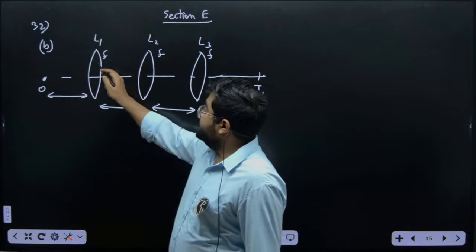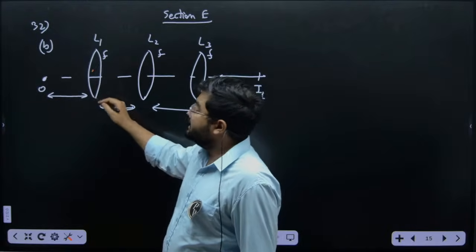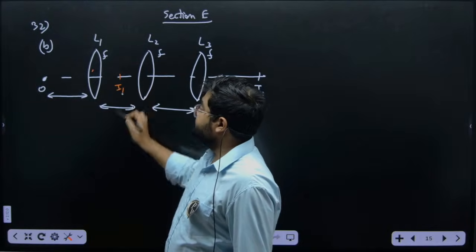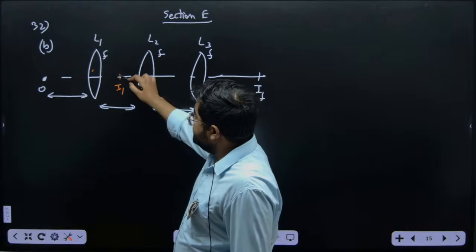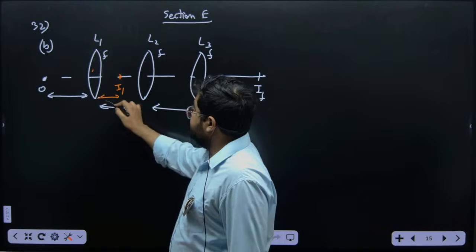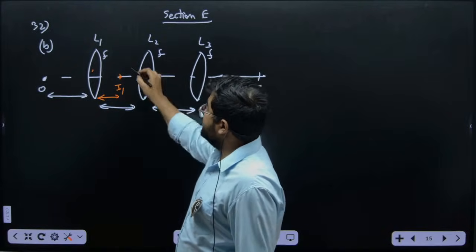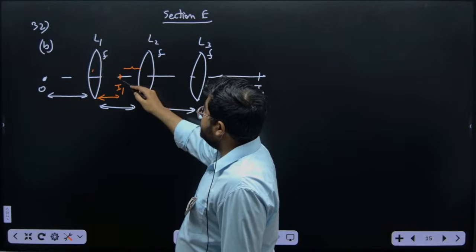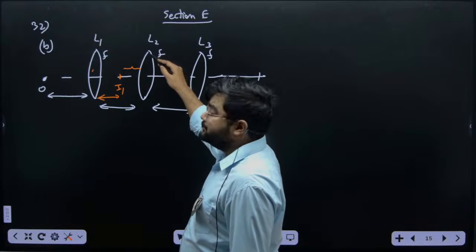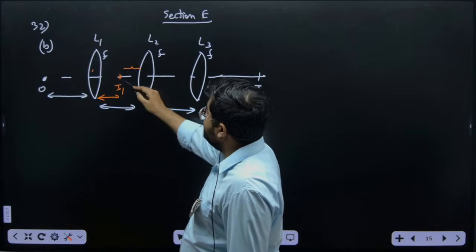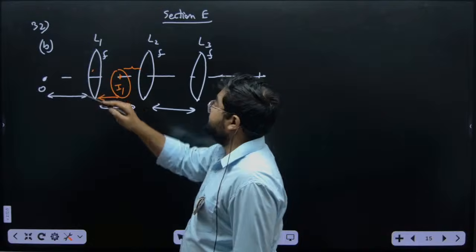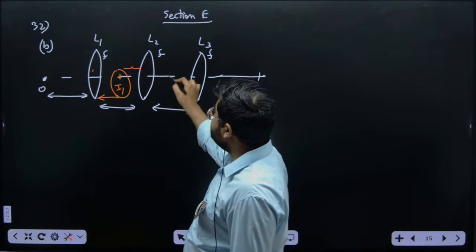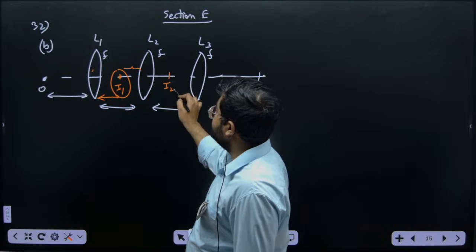First you calculate the image created by this lens L1. Suppose this image comes here, you will get this distance. You know this distance, so now you will get this distance. Now this image becomes the object for this lens, so this lens will now create an image of this image. Let's say it creates I2 here.